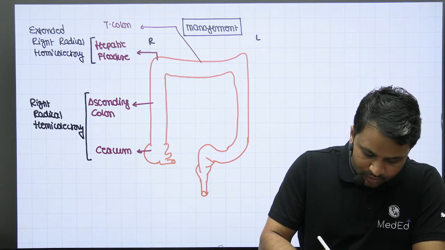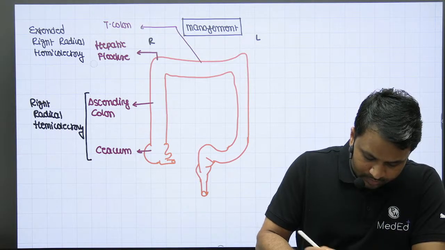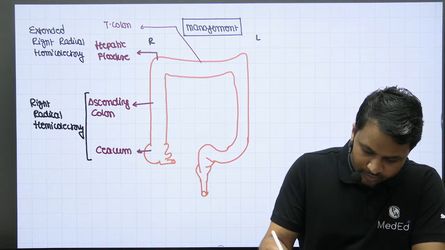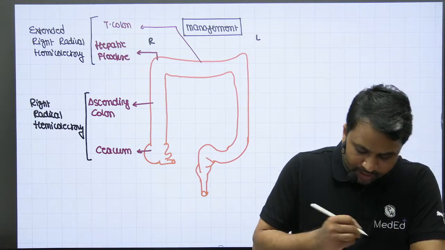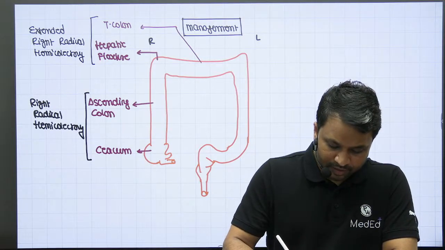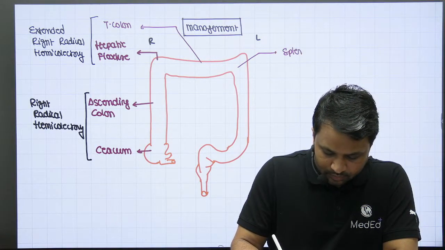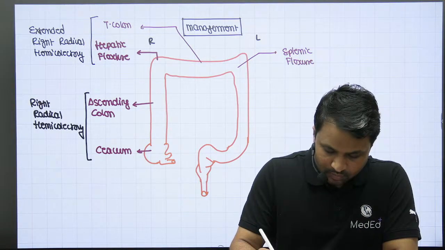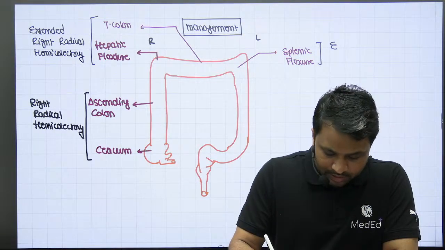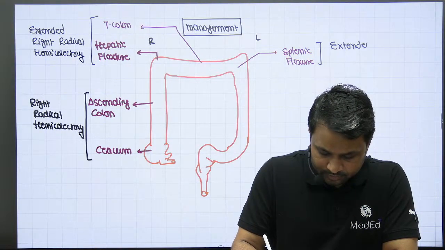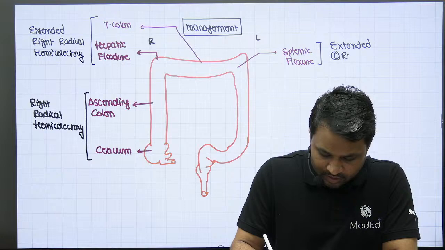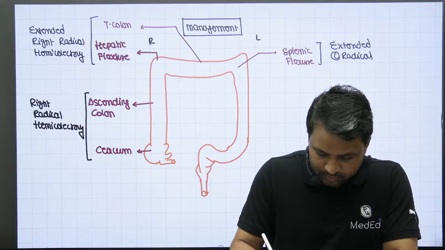If it is in the transverse colon, then the surgery is still the same, so for both of them it is going to be a right radical hemicolectomy. If it is at the splenic flexure, then they will do an extended left radical hemicolectomy.